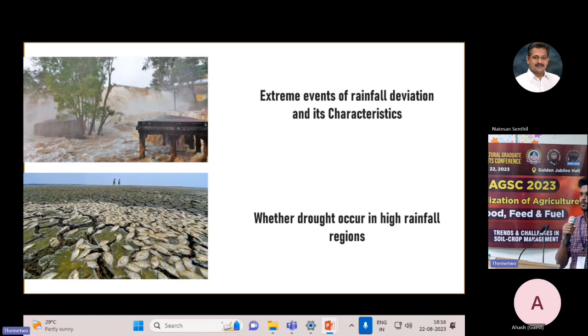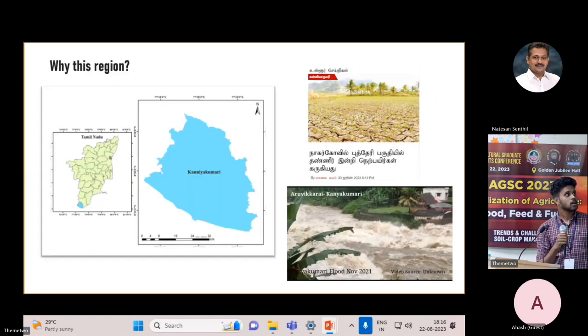The trend shows normal rainfall, but while we analyze a single year, it shows drought. Next. I have taken the high rainfall zone of Tamil Nadu, which is Kanyakumari.